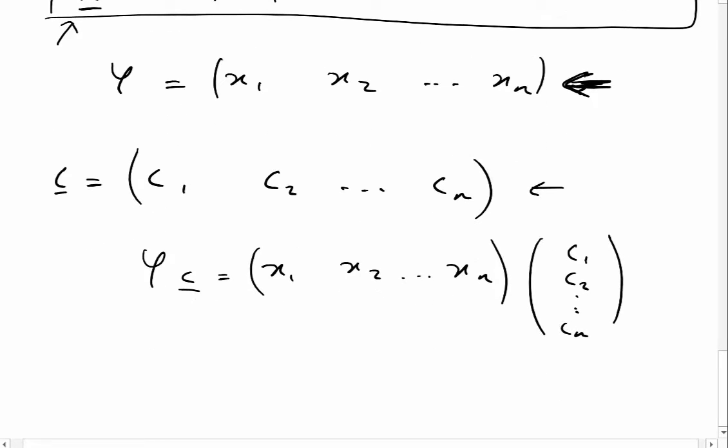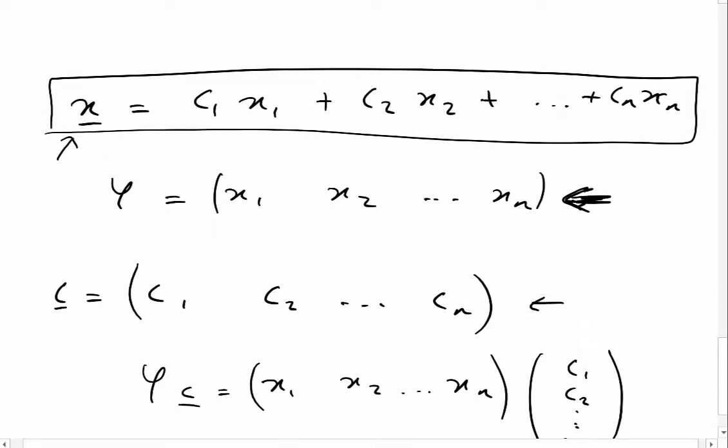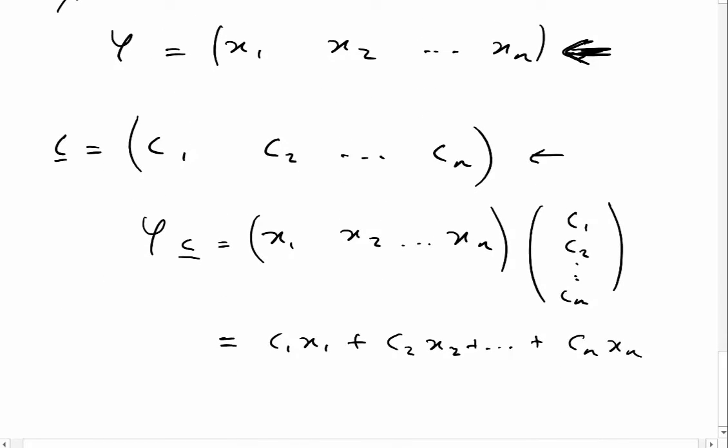When I multiply this out, I'll have c1 x1 plus c2 x2 plus, and I'll keep going right the way through to cn xn. Well, that's what I started with. That is my linear combination.